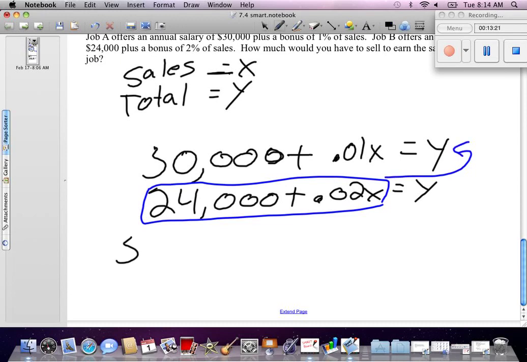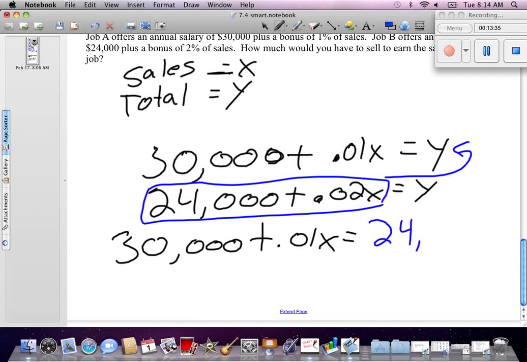So I'm going to write 30,000 plus 0.01x equals 24,000 plus 0.02x. Okay, so the first thing I'm going to do is get the x's all on one side.